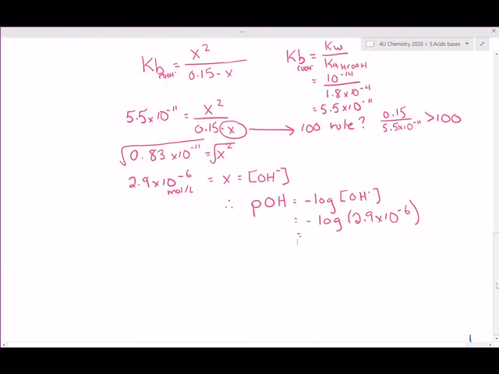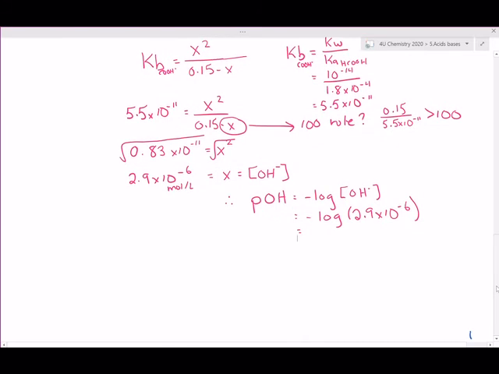Need a lot of paper for these questions. 5.54 is the pOH. So if you stayed there, you weren't thinking straight because you know you're expecting a basic pH. So to get pH, you want to take 14, subtract the pOH, and that's going to give us 8.46. So that is a basic pH at equivalence.